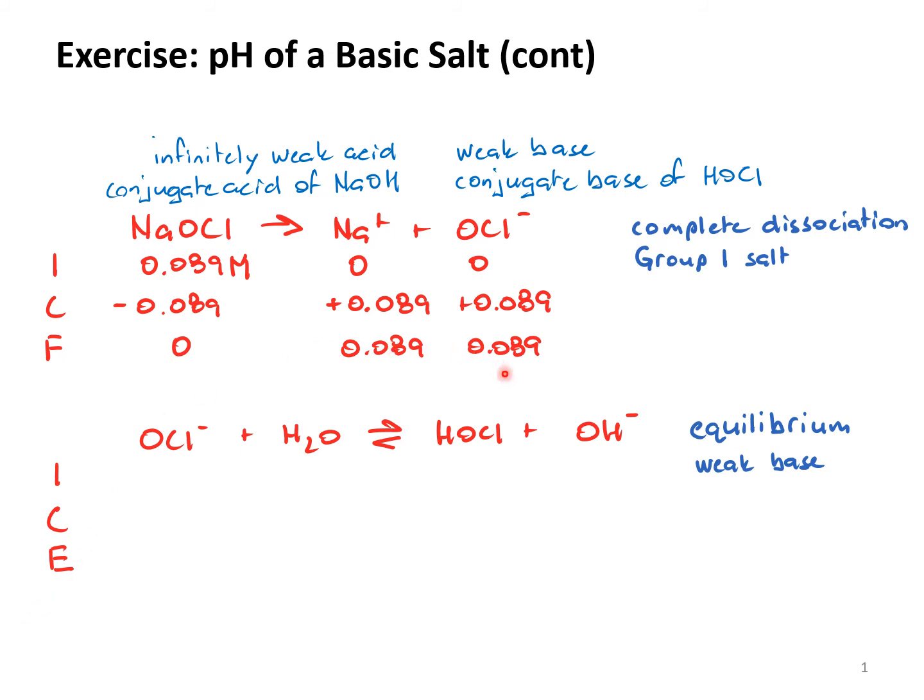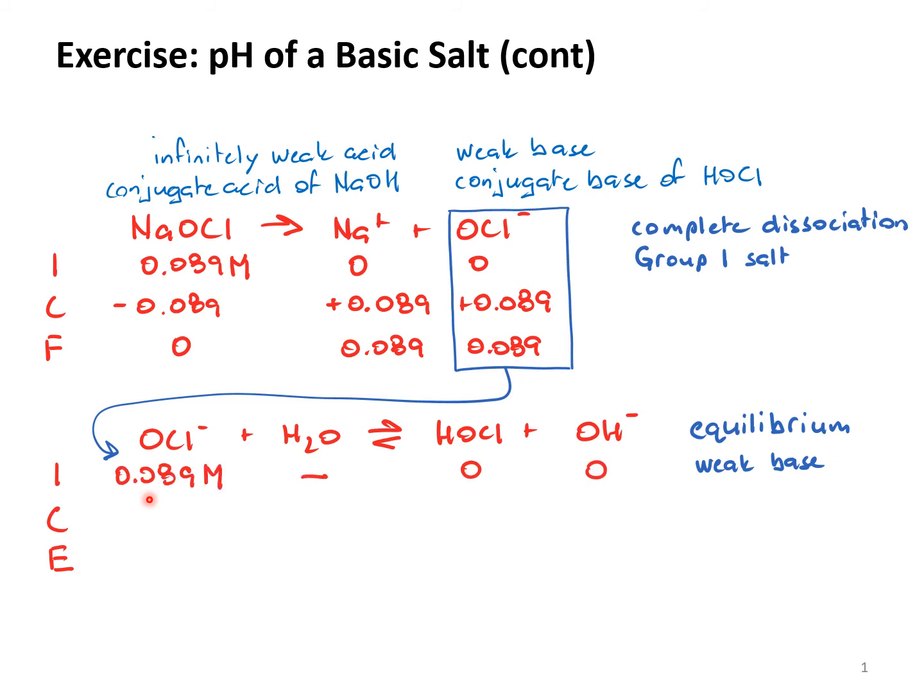Starting with the initial concentration of hypochlorite, the initial concentration is 0.089 molar. Water is a pure solvent, so we don't have to worry about it in the ICE table. Initially, we start with 0 concentration of hypochlorous acid and 0 concentration of hydroxide.